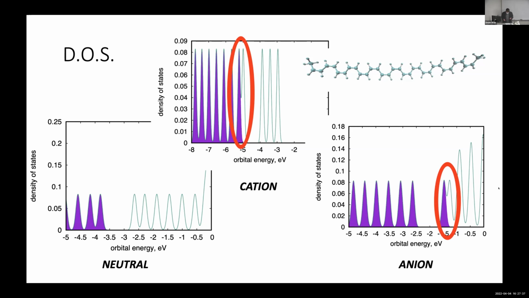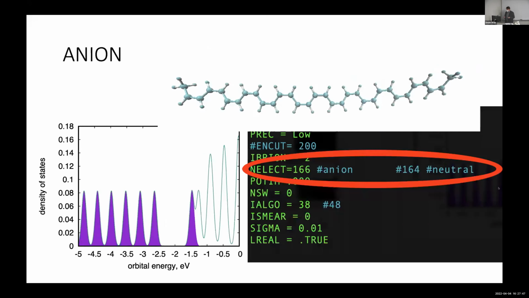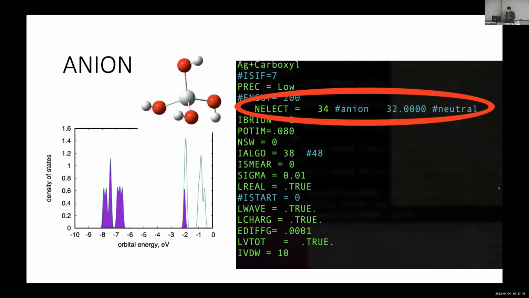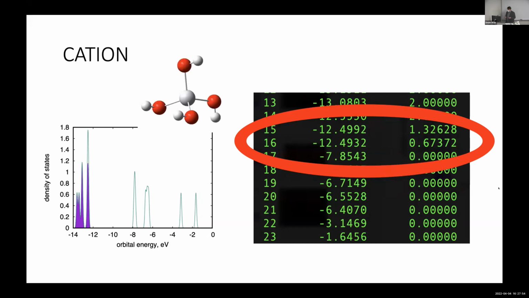So in slide, I don't know, 3 or 4, you did demonstrate partial occupation of orbitals, where orbitals were neither 2 electrons nor 0, so something in between. It looks natural because of the degeneracy of the orbitals 15 and 16.